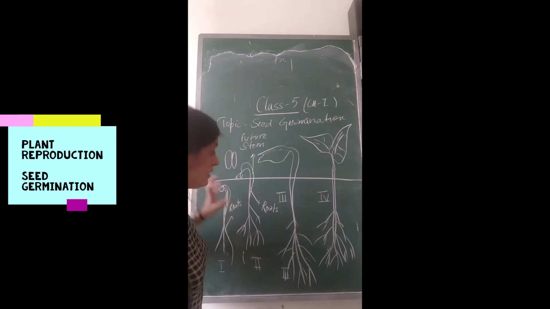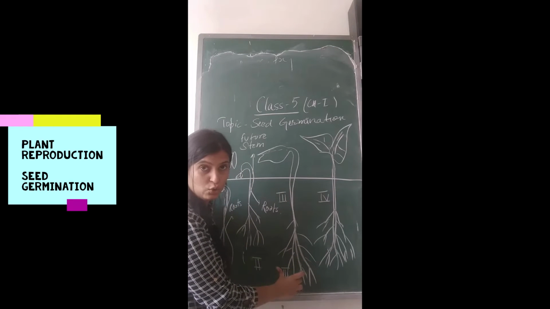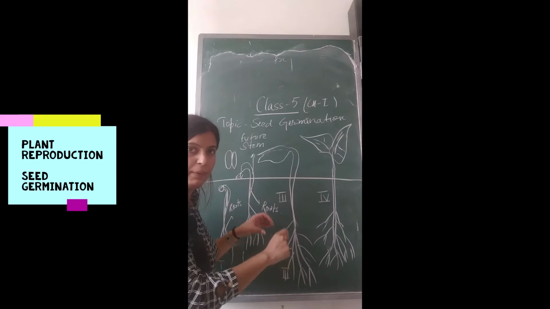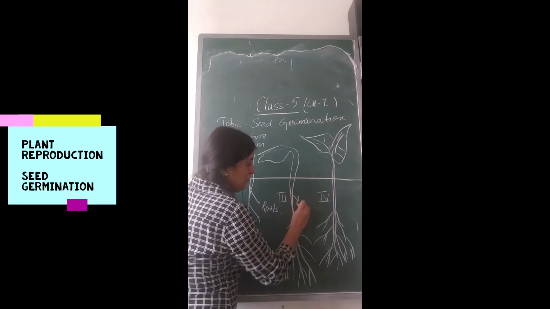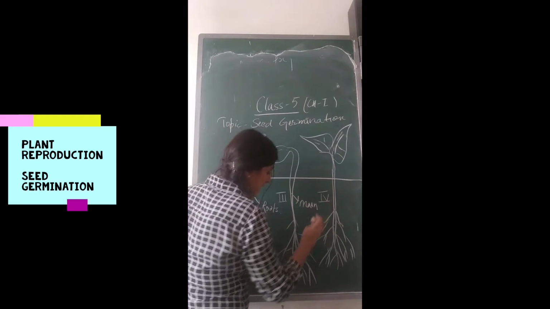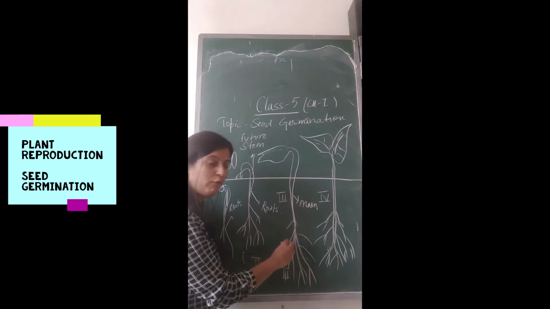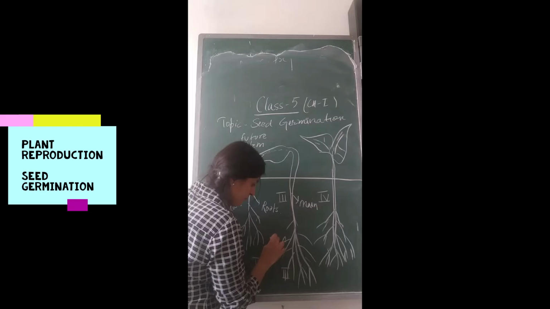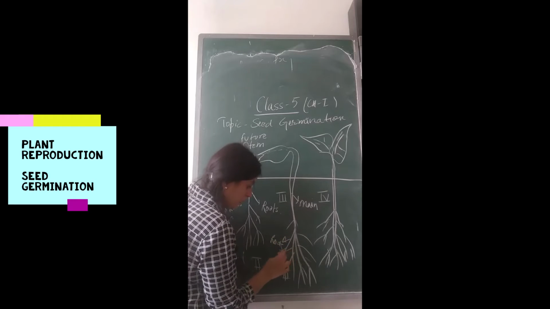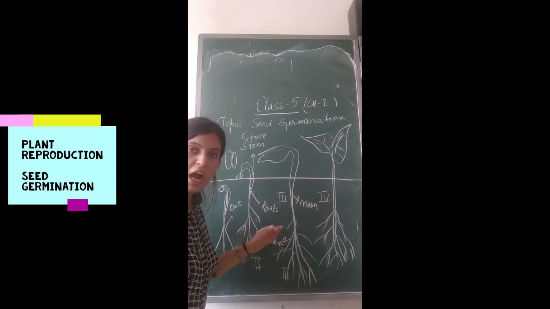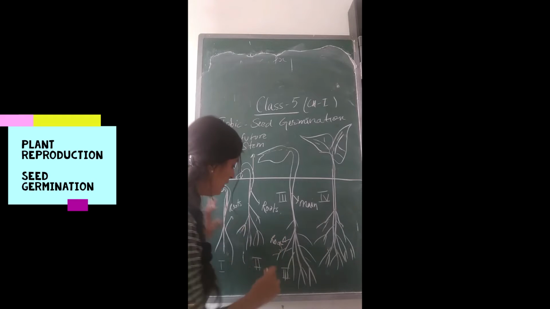The third stage is when the root starts to develop properly. There is a main root and there are some other branches of root. These roots start to have root hairs.